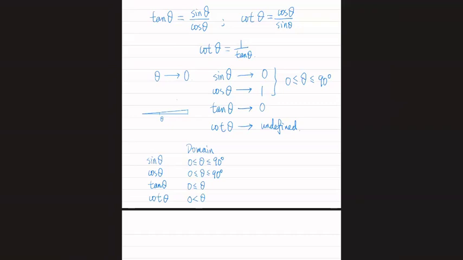For tangent, it can be 0, but for cotangent, it cannot be 0. Now, if theta approaches 90, we have the opposite phenomenon, so tangent cannot be 90. Pay attention to the difference of the domains.